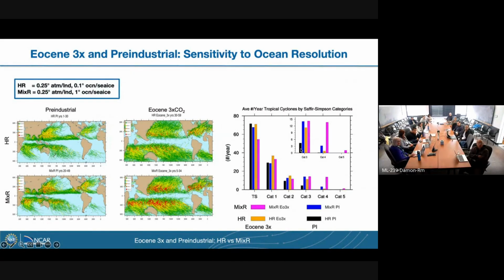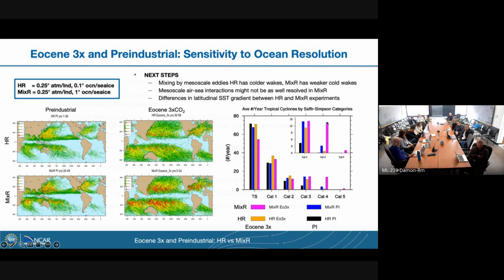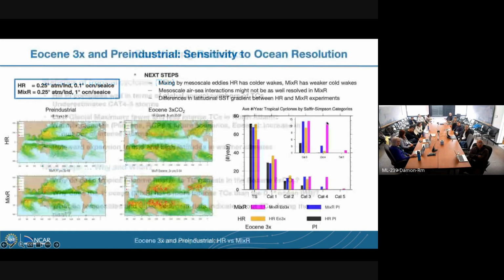Category 3 in the high resolution are much less than the mix for the pre-industrial. And you can also see it for the Eocene, in particular for category 4. There are very few category 4 in the high resolution and a very large number in the mixed resolution.